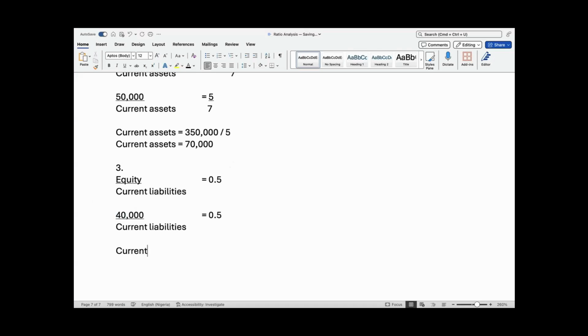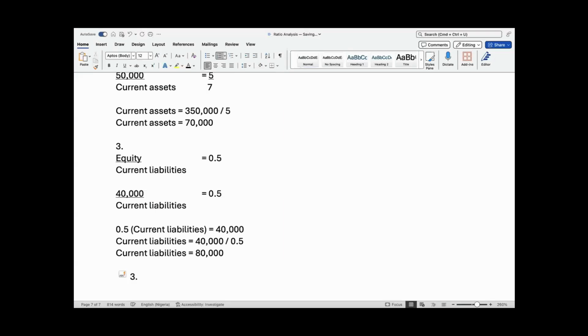Then if I cross multiply, let me make it simple for you: 0.5 current liabilities equal to 40,000. If I divide by 0.5, my current liabilities equals 40,000 divided by 0.5. So what's my current liabilities? Press your calculator: 80,000.